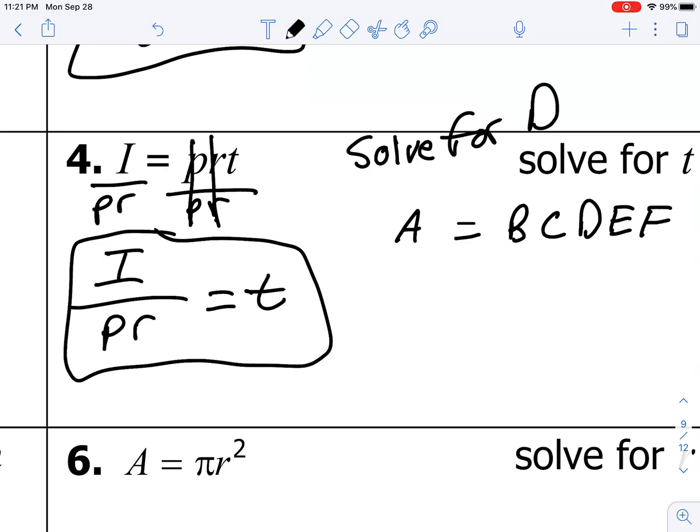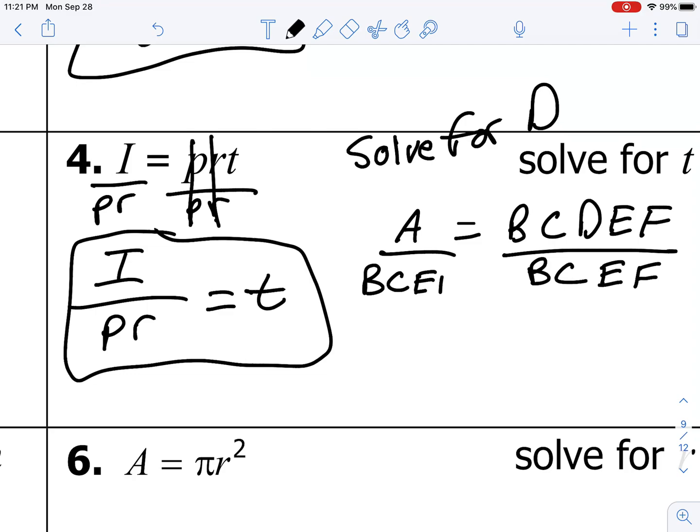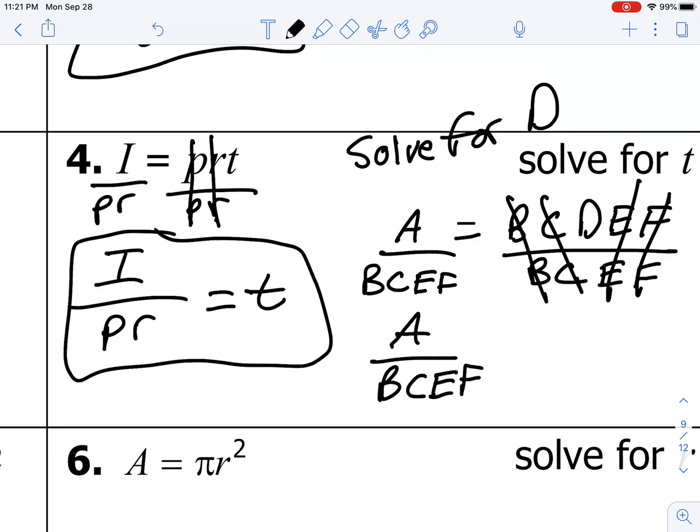What you could actually divide by is B, C, E, and F on each side. Because gone, gone, gone, gone. So this right here now equals D. D is by itself, and that would be your answer. That's how you deal with multiple letters.